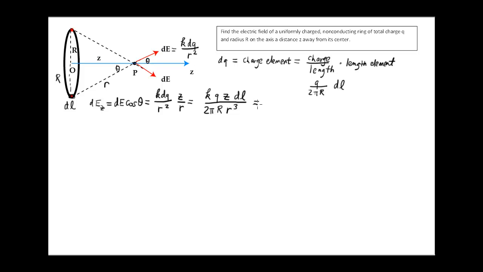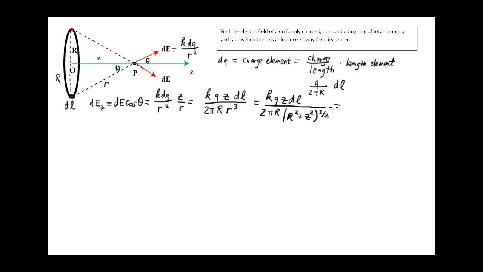So if I just go one more line here, k Q z dl over 2 pi R, and r itself is the square root of capital R squared plus z squared, and when we cube it, see if this makes sense to you, we get capital R squared plus z squared to the 3/2 power, because little r itself was capital R squared plus z squared to the 1/2 power, and then we're cubing it. So now we have that expression for dEz.